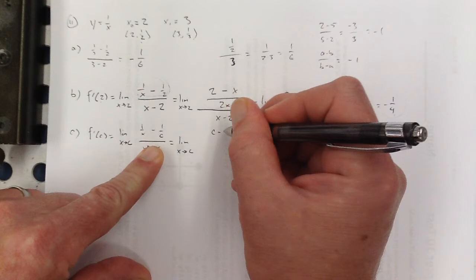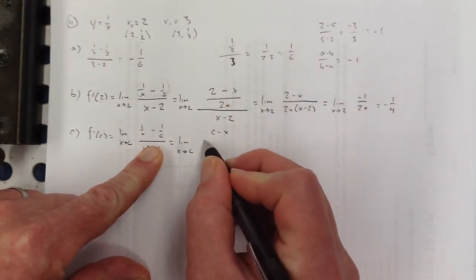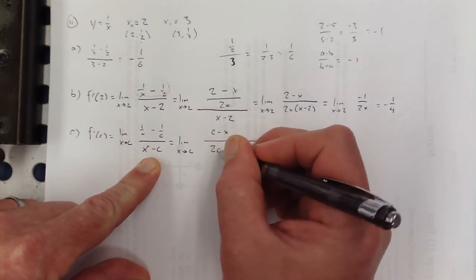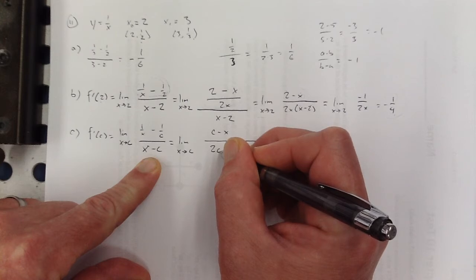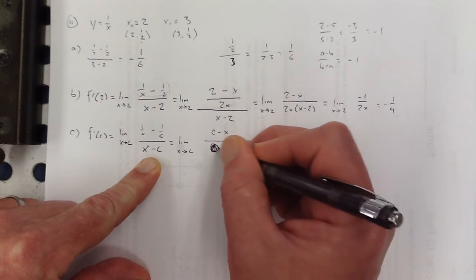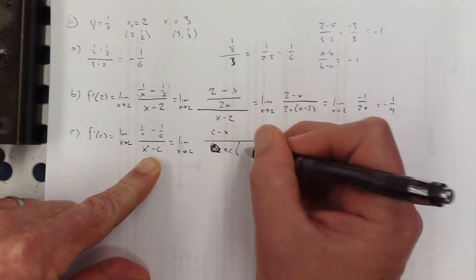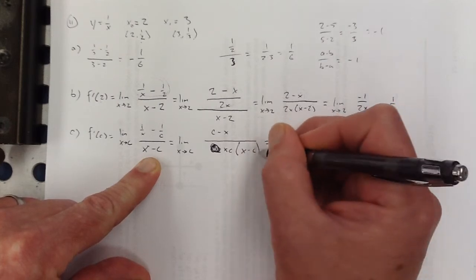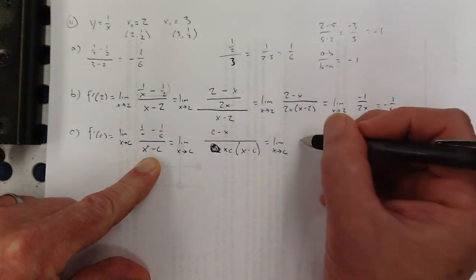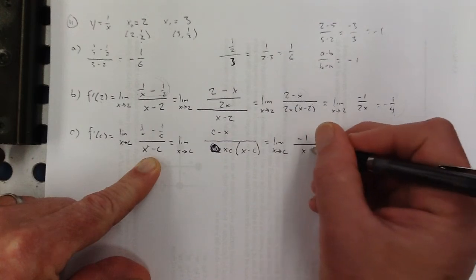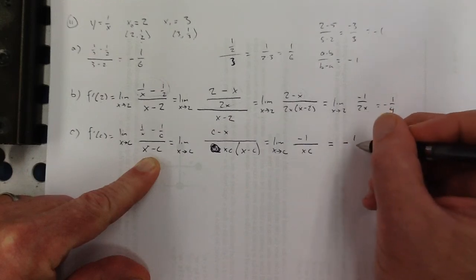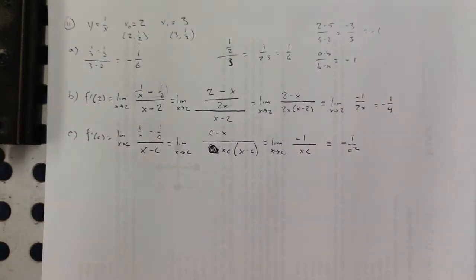That's going to be c minus x, and I'm going to jump to that step too. c minus x over xc, sorry, xc is my common denominator, times x minus c, and then a limit as x approaches c. Same thing here, c minus x over x minus c leaves a -1, and then my xc on the bottom, and then I plug in c there and get -1 over c squared. So there you go. That's cool.